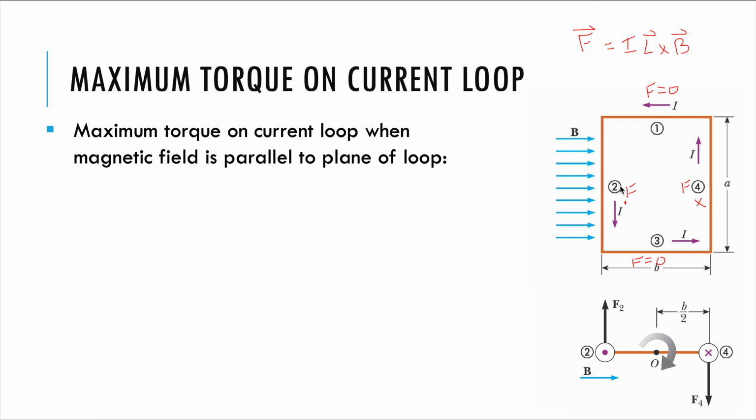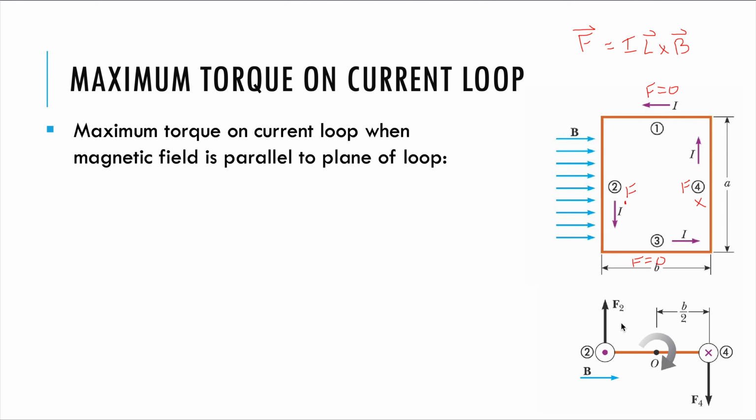Since the force was coming out of the page, from the viewpoint of side 3 that force is upward. Imagine your table like this. The force into the page, into the table, is now downwards. When we view it from this angle, it's easier to see that the loop is rotating clockwise. So if the loop is oriented a certain way with respect to the magnetic field, it will rotate.